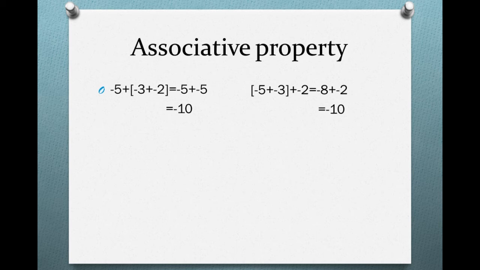In the first sum, -3 and -2 are grouped together, and in the second, -5 and -3 are grouped together. In both the cases, we get the same result.